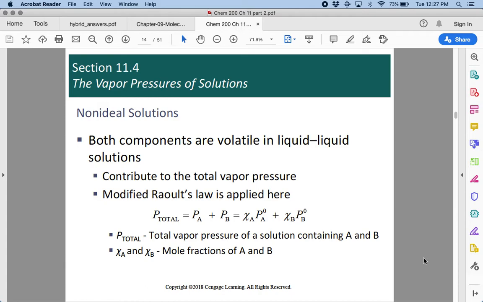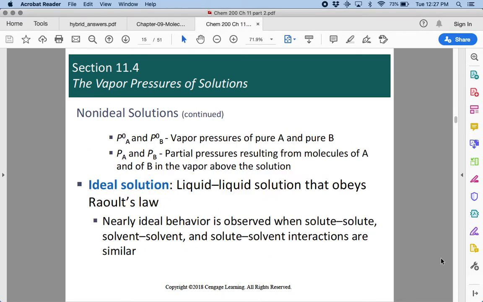If we have two volatile liquids that are mixed together, then we have a solute and a solvent that are both volatile, which means they both will contribute to the vapor pressure. In that case, we have to use a modified version of Raoult's law, which would look something like this. Basically, it's just a combination of the mole fractions from both the solvent and the solute, or two solutes, or anything like that.